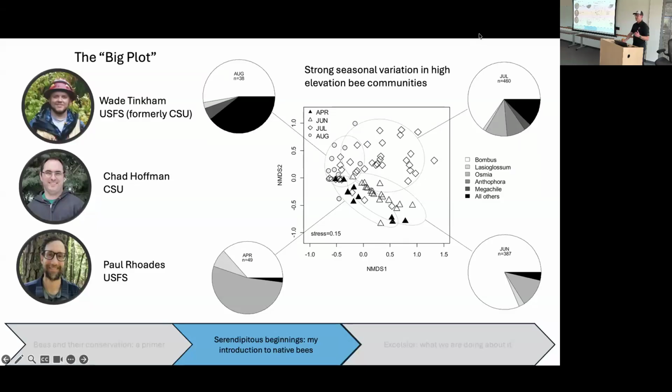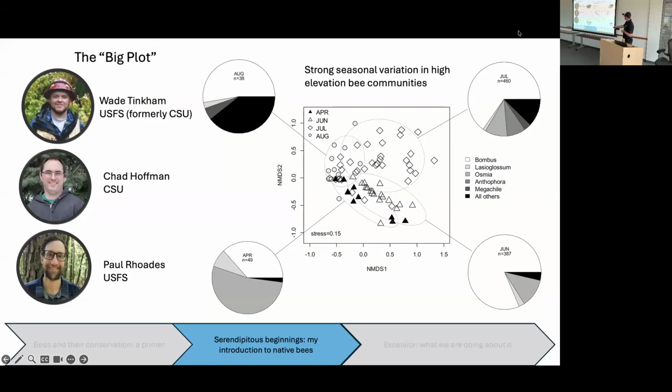Anyone who studies plants or insects probably knows that already. But the important reason to bring that up is that if you want to look at total biodiversity in a system, you need to sample it throughout the growing season, because otherwise you end up missing a lot of key players that are only active or present at very specific times.